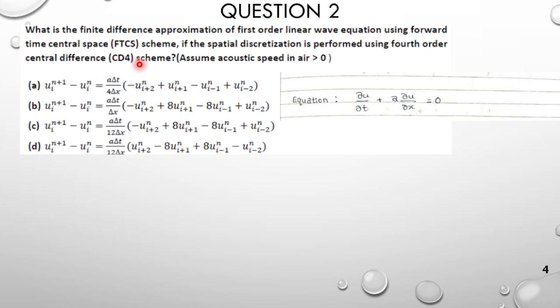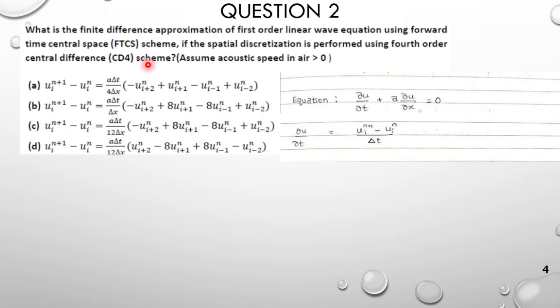Otherwise you can use the Taylor series approach to calculate ∂u/∂x using the CD4 scheme. First, ∂u/∂t can be discretized using the forward time as (u_i at n+1 minus u_i at n) divided by delta t.